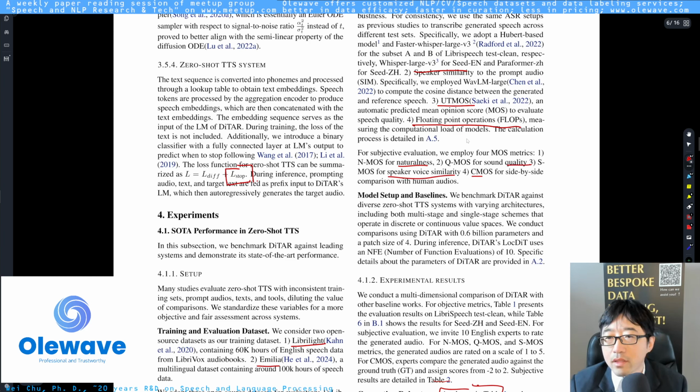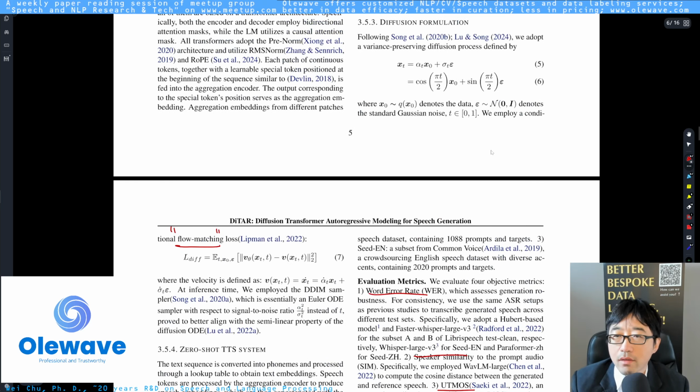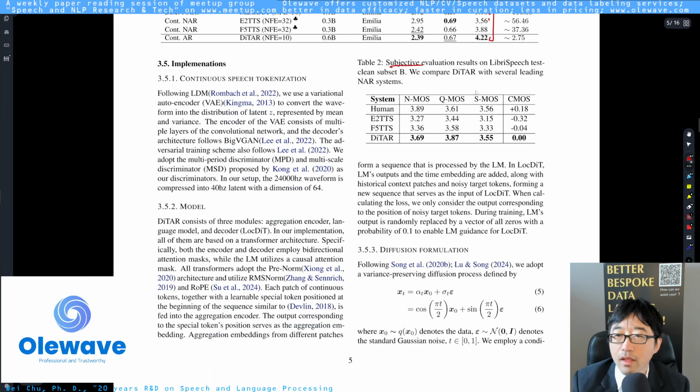Okay. CMOS by side-by-side comparison with human audios. Okay. I think it's very difficult for people to rate on these scores, but CMOS people just give it. Oh, interesting. So you can see on these fine-grained tasks, let me know if I were wrong, okay?